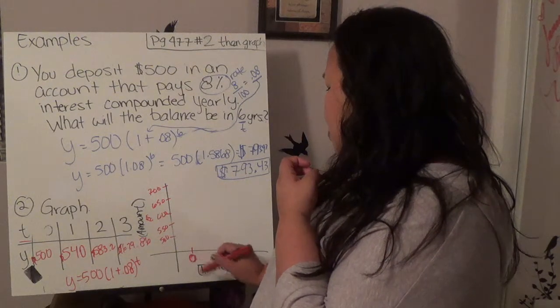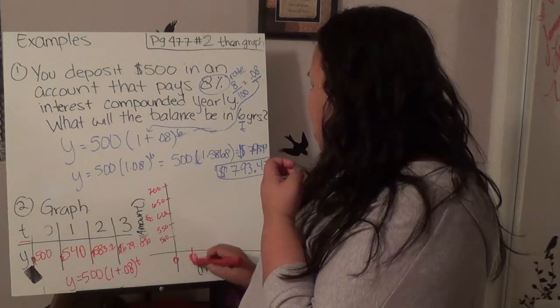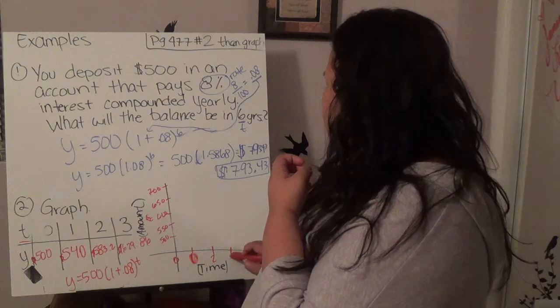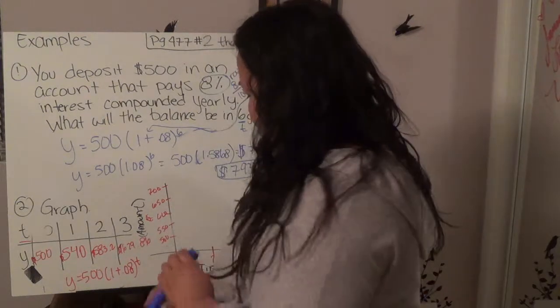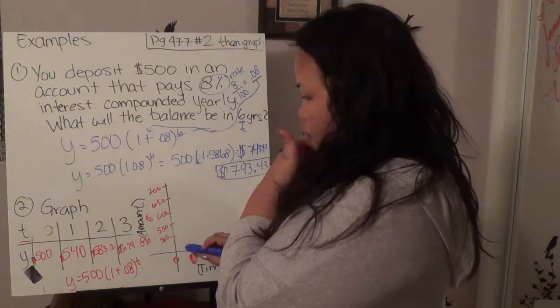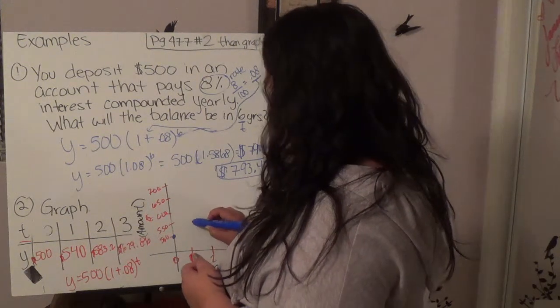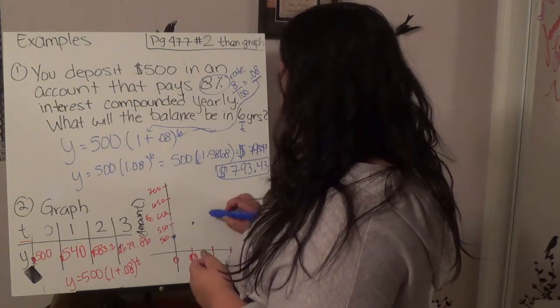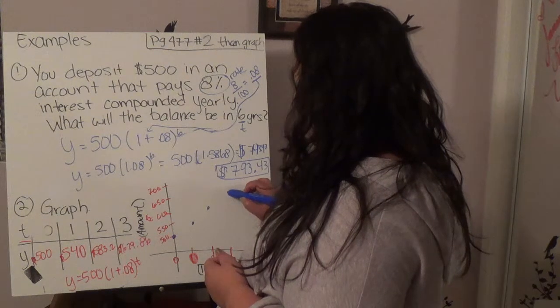Sorry, 0 would be here. This would be 1, 2, 3. So if I wanted to graph that, 0 would be 500, 1 would be 540, 2 would be 583, and then 3 would be 629.